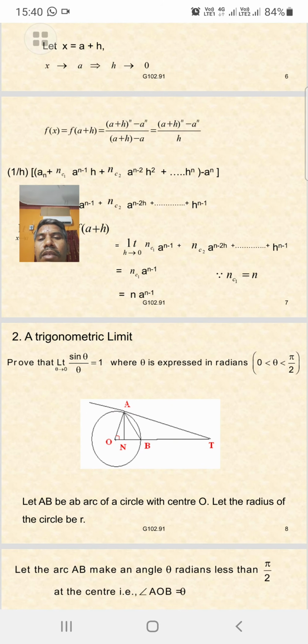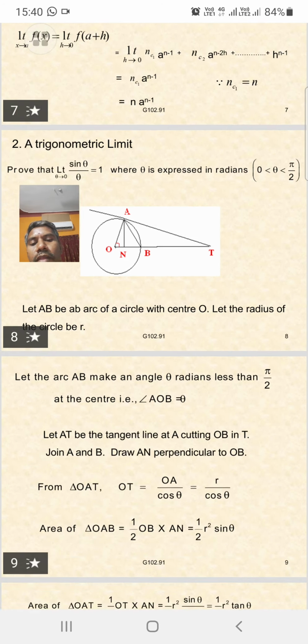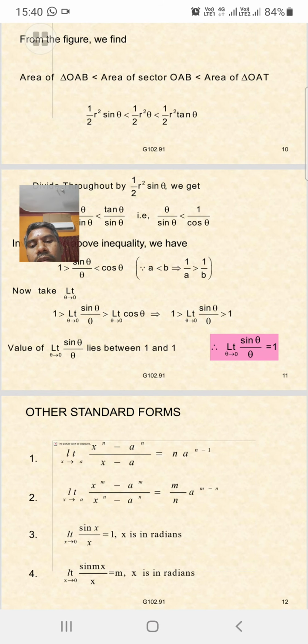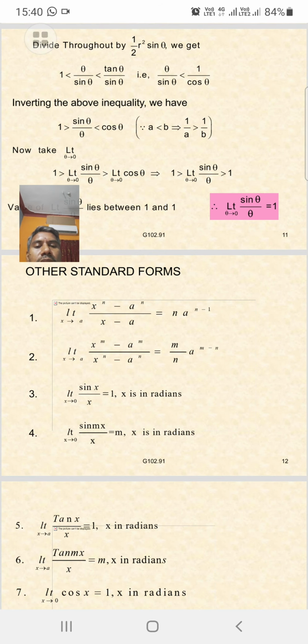And one more we proved, that is the trigonometric function: limit theta tends to 0, sine theta by theta equals 1. So these two are important, and some other standard forms are also given.